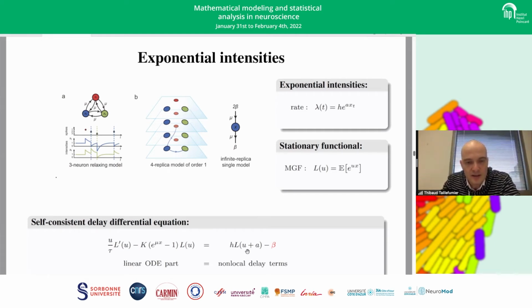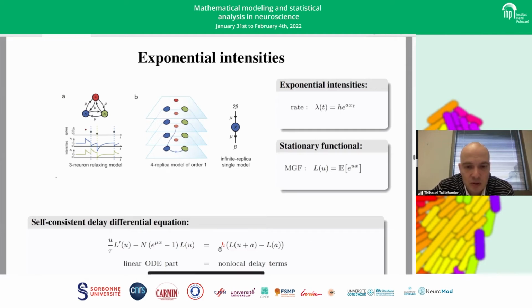However, here in this case, there's a trick, and the trick will be dealt with in more detail by my student later on. Here, I'm just giving you the flavor. The trick is that within this model, you can actually rewrite the delay term in that form. And now you see that H, which comes into play in the intensity function here, which you can think of as the base rate, the base level of spiking of a neuron, can be interpreted as a perturbation parameter.